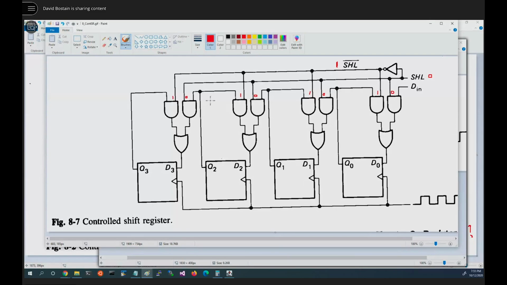So we're not shifting. What we want is a path back to our own Q. Here's one. Here's one. Here's one. And here's one. And remember again, where we're looking at the system is we're reading Q. Q is the values that we're interested in.